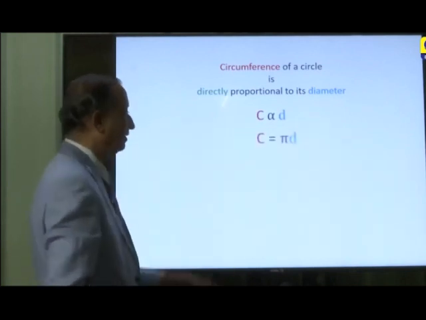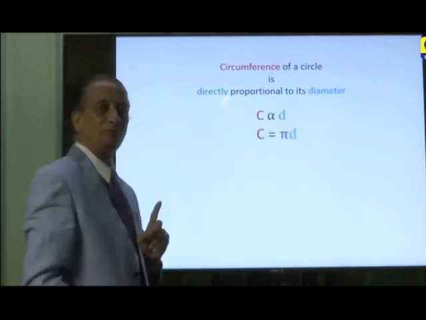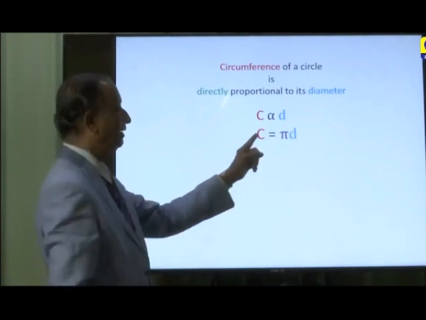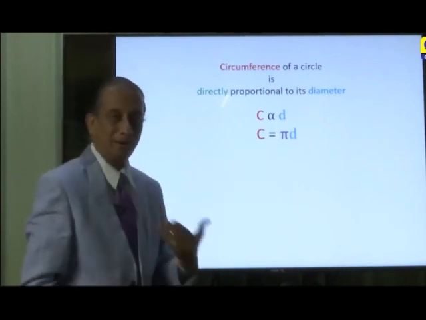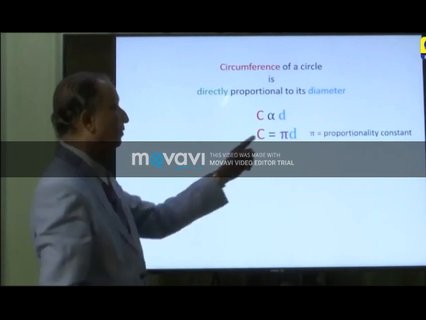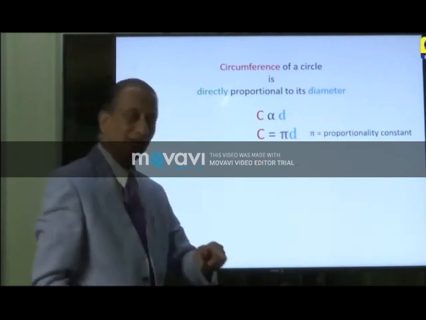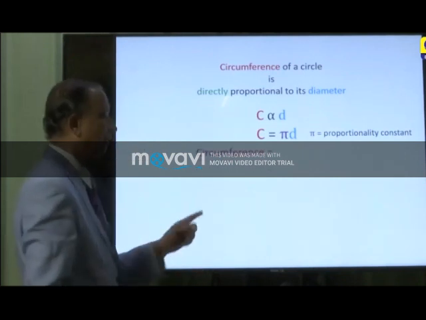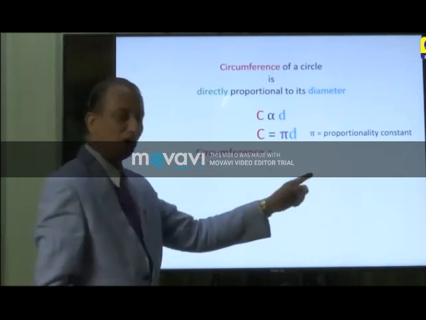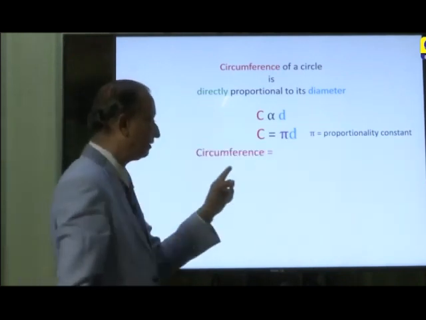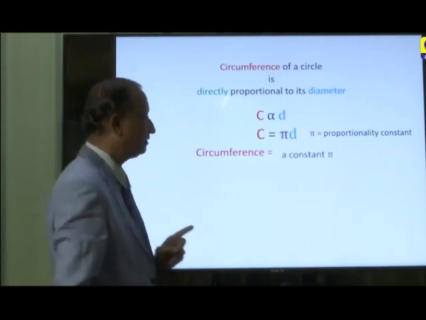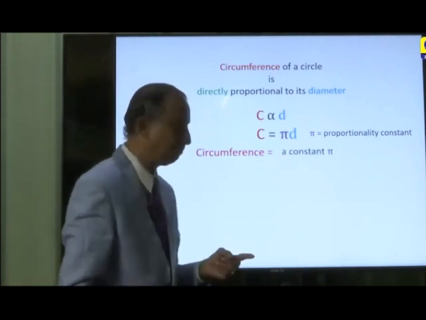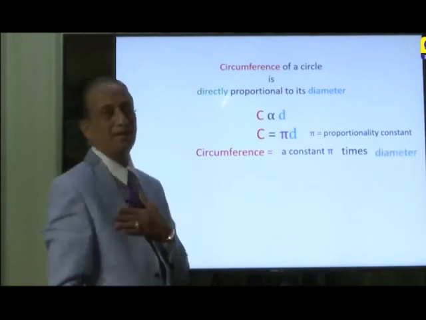Symbolically we write like this. If you want to write it in the form of an equation, we write it as C is equal to pi times D, where pi, instead of K, we are using pi here, is called the proportionality constant. If you write it in words, you can read it like this: circumference is equal to a constant pi times the diameter.